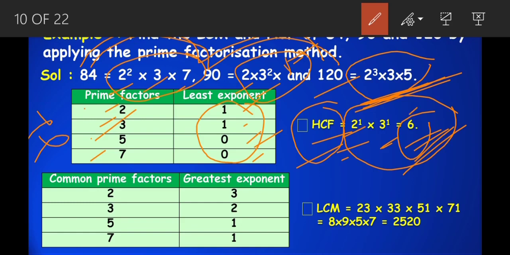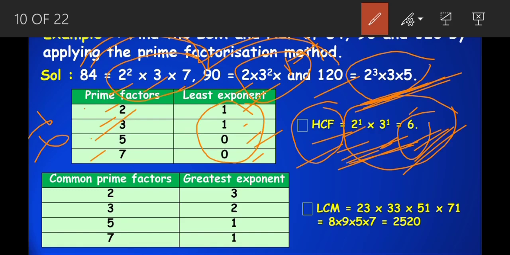Out of all the numbers, which is the highest? 6 is the highest number which divides the given three numbers commonly. So it is the greatest common divisor, GCD, or highest common factor. So we have to count the least exponent first. With those least exponents, we have to frame a product of prime numbers, one number, and that number will act as the HCF or GCD of the given numbers.